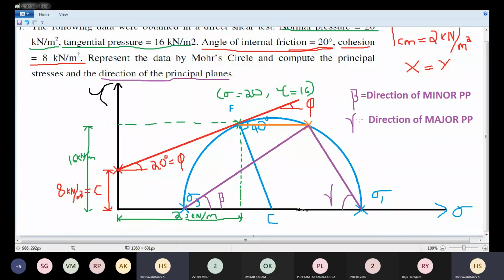You can find these angles by using a protractor. If you just draw these lines and keep a protractor at this point, you can find the angles beta and gamma.